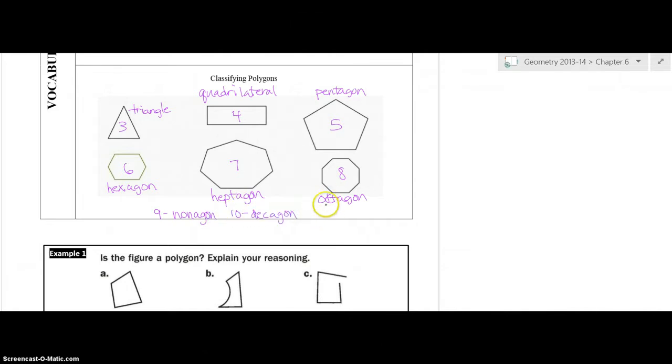And really, after that, if it has 13 sides, then that would just be a 13-gon. Or if it has 20 sides, it could be a 20-gon. Or if it has n sides, it could be an n-gon. Okay, so go ahead and pause and continue writing that down. Fill all that in.